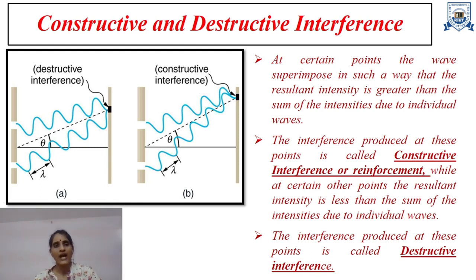In order to understand constructive and destructive interference, look at diagram A, which explains destructive interference. From two coherent sources, two waves travel in the same direction with the same frequency.